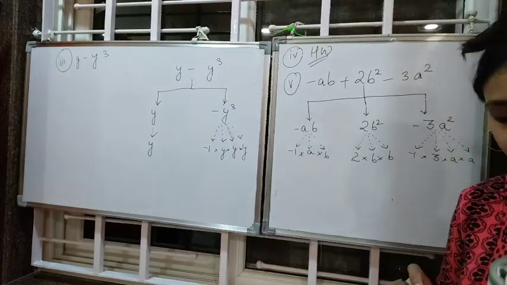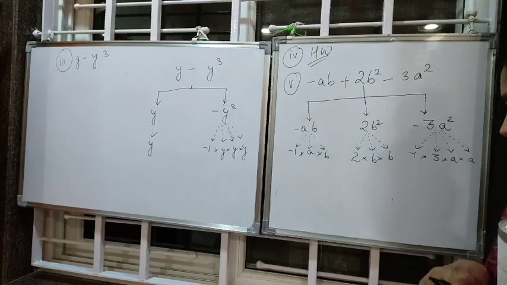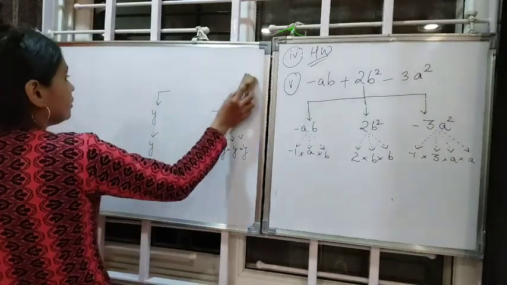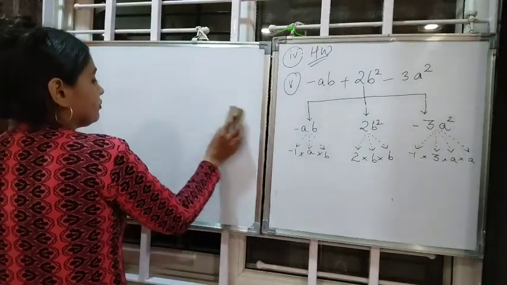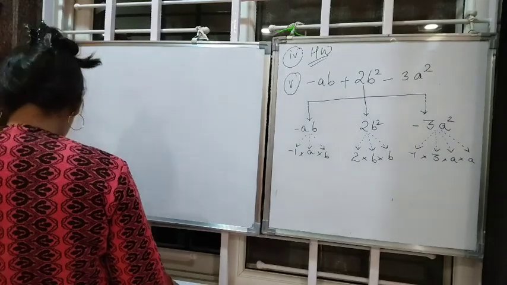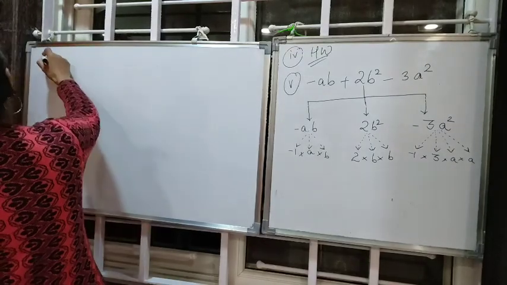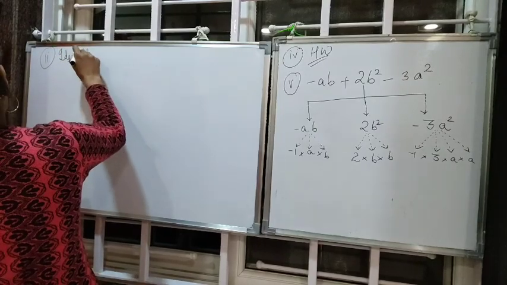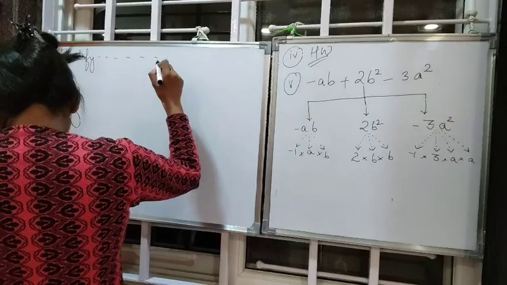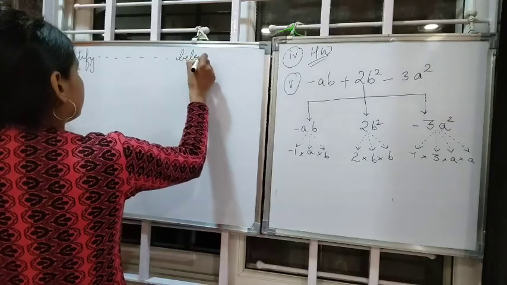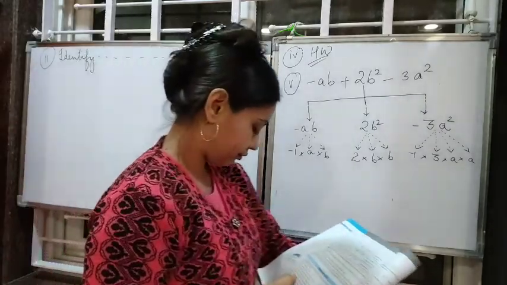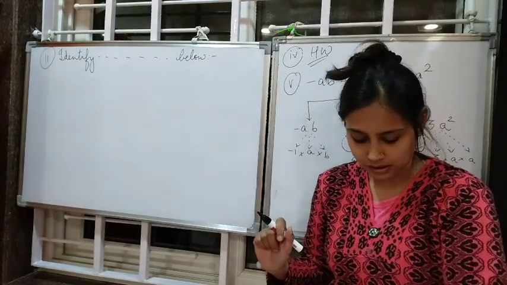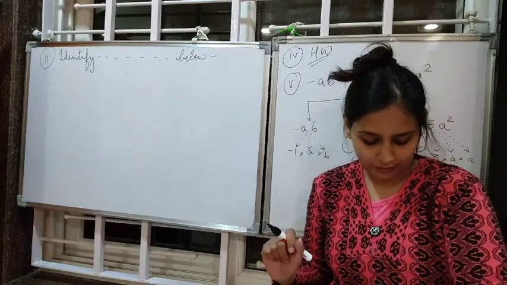Then we go to the second part, children, of question number 2. Question number 2 has two parts. The first part we completed. The second part says: identify terms and factors in the expression given below.